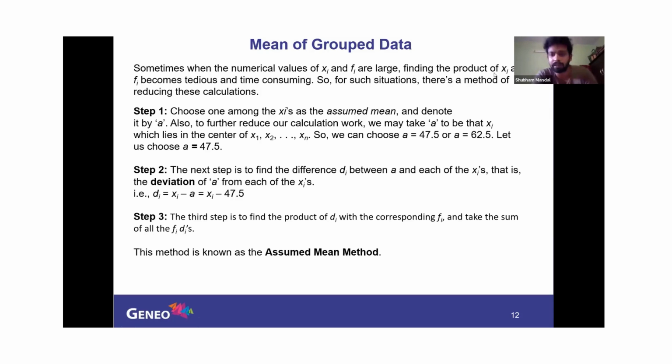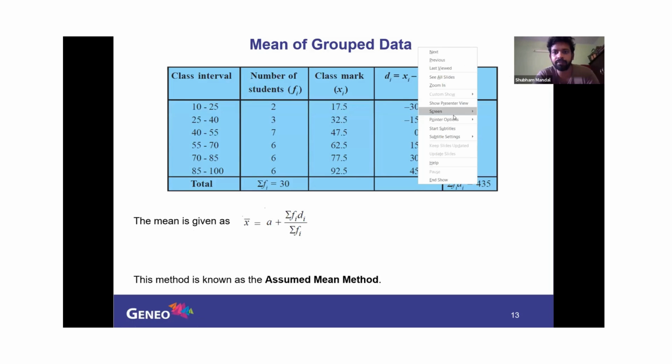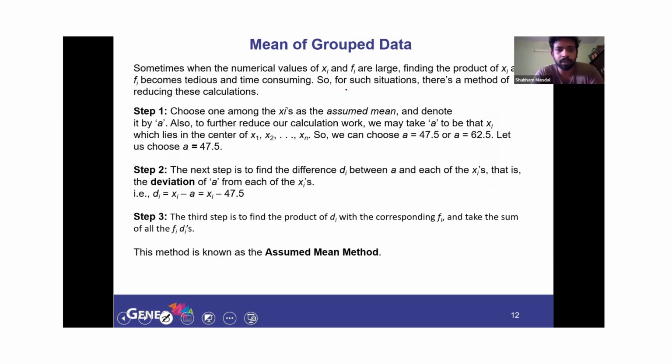So what we do is, after we get this table, we take the center value of xi, the middle value, which lies in the center of all the class marks.